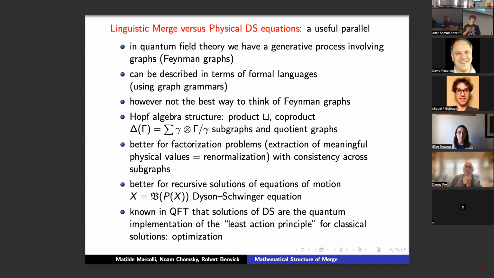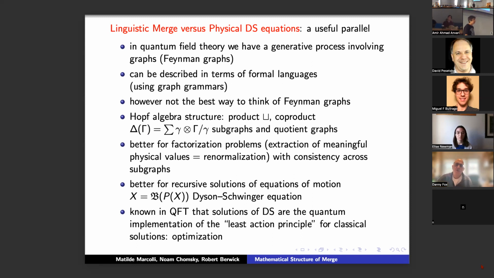If you compare older descriptions of generative processes in linguistics in terms of formal languages, you can do that, right? For example, this older version of minimalism, like Stabler's, does have a description in terms of multiple context-free grammars, so you can describe them in terms of formal languages. Of course, Bob showed that that's not efficient at the computational level, but you can do that, and you can do that with Feynman graphs as well.